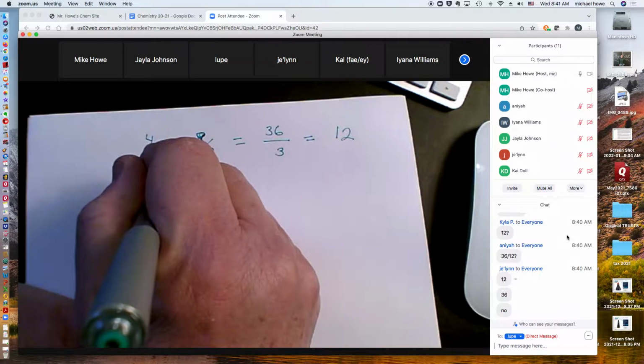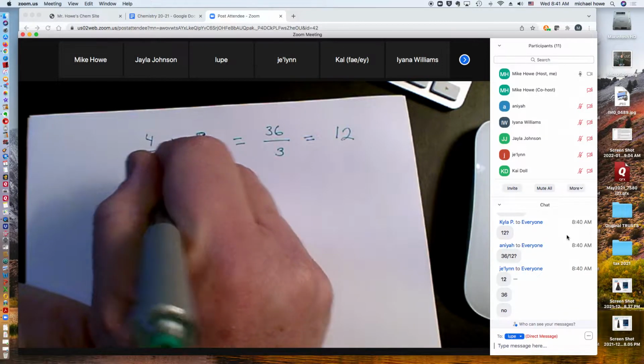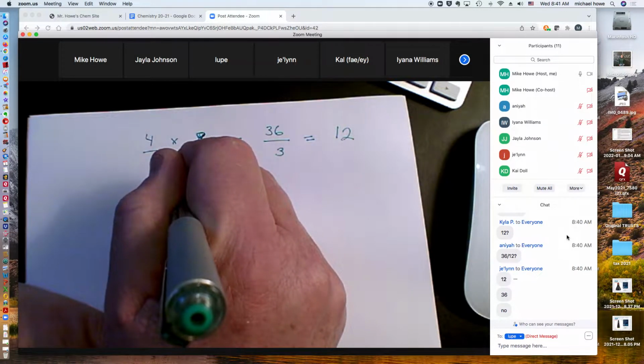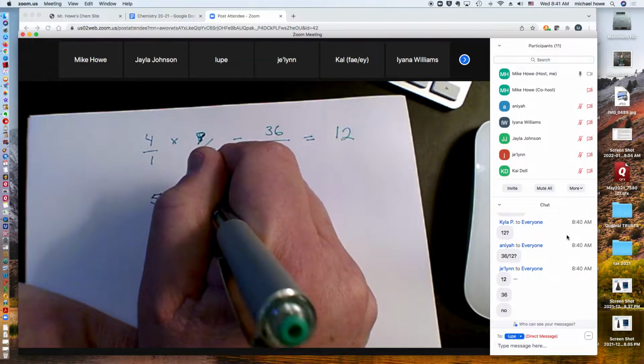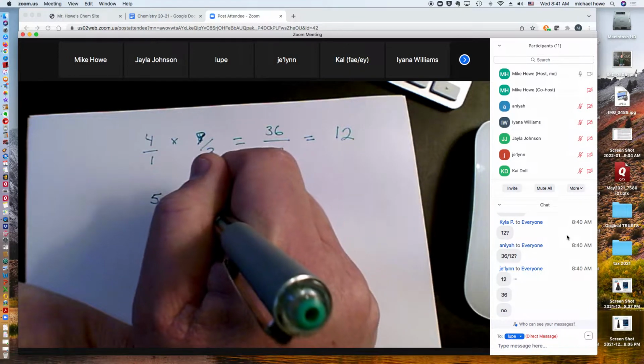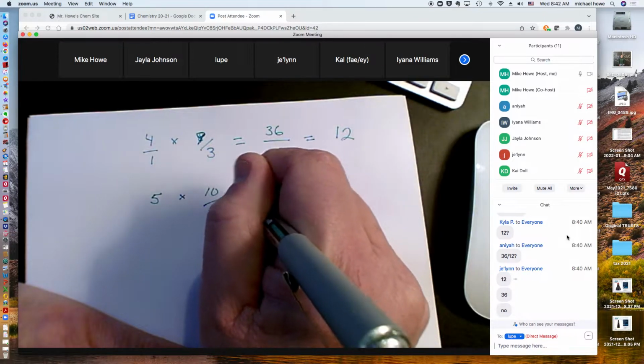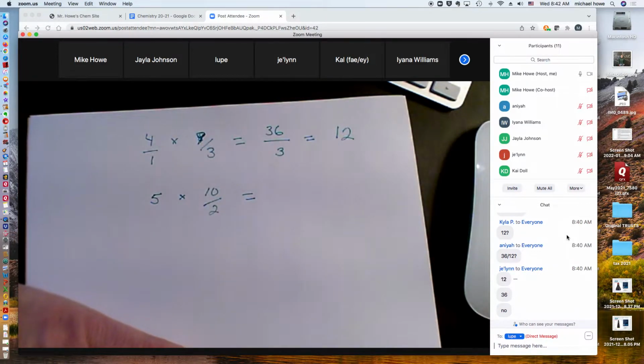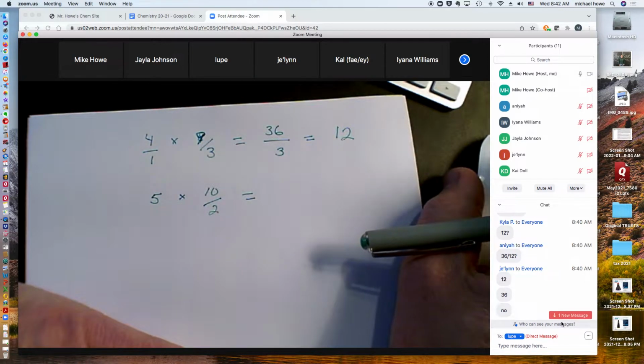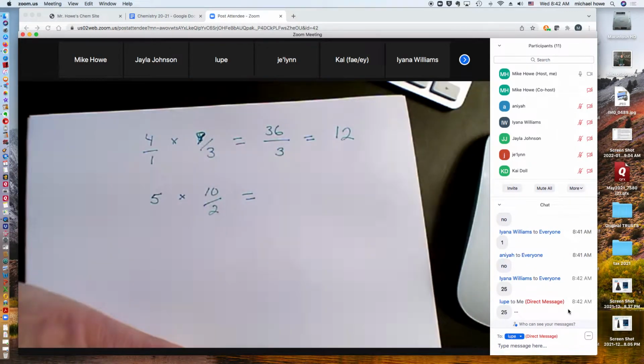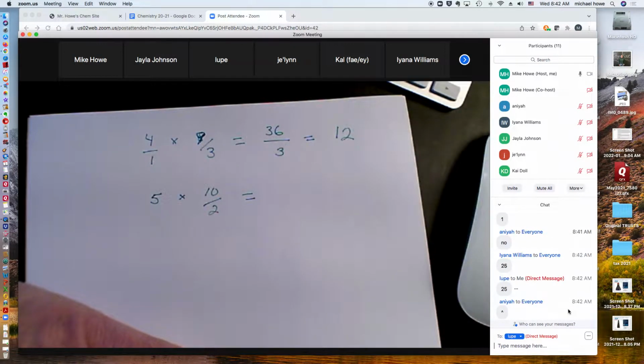So if I have 5 times 10 halves equals, what would that equal? Chat window? I see 25, I see 2 25s.